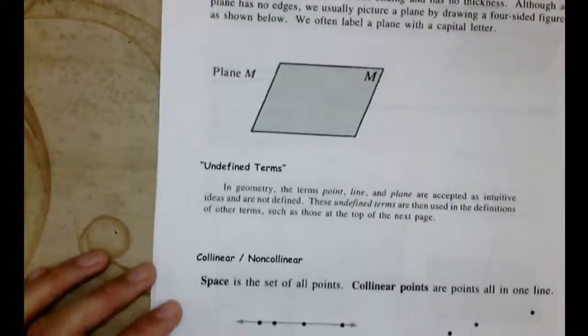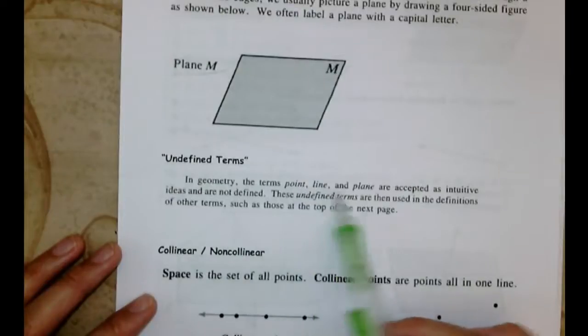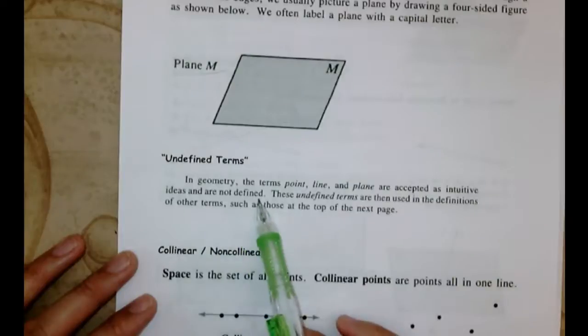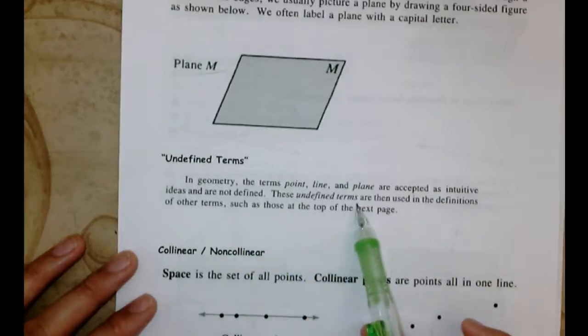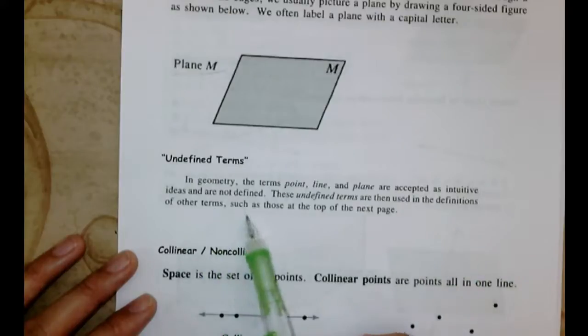Undefined terms. In geometry, the terms point, line, and plane are accepted as intuitive ideas and are not defined. These undefined terms are then used in the definitions of other terms, such as those at the top of the next page.